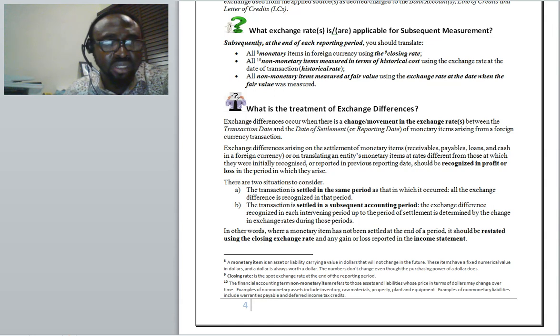Now, regardless of the amount I've sold the goods, probably I've made profit. But at the point of settlement, probably in 90 days' time, Naira have further depreciated against dollar from 500 to 550. What then happened?